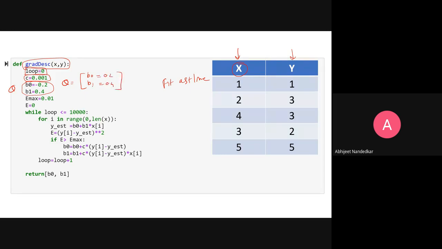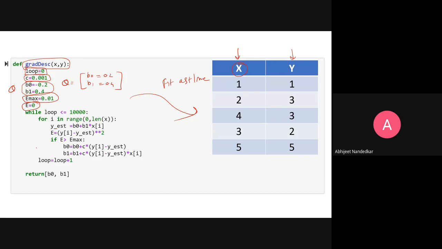That is a random guess for this data. I don't know what kind of line is good for me. I can put any number here, that is allowed. Then I put Emax is equal to 0.01. Okay, that is the maximum error allowed by me. You can put anything here.